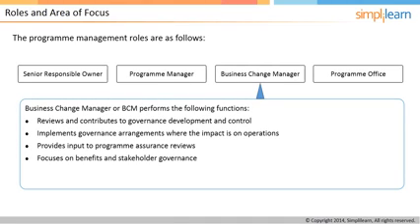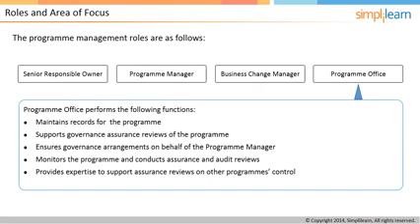The Business Change Manager reviews and contributes to governance development and control. They will implement the governance arrangements where the impact is on operations. They focus on monitoring the performance of operations during transition. BCMs also have to provide their inputs for program assurance reviews. However, their specific focus will always be on benefits and stakeholder governance.